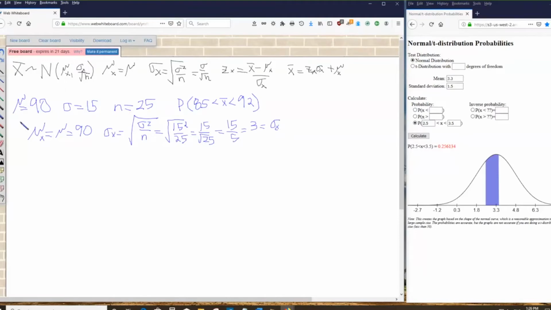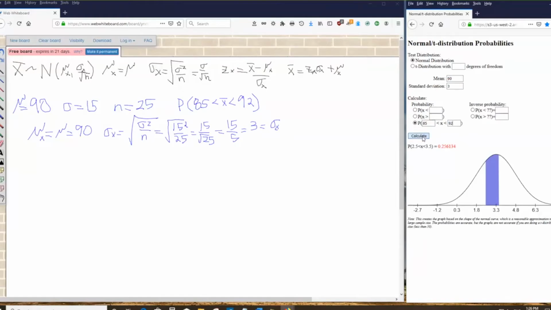So now I've got the mean, the standard deviation, and a probability that I want to solve. The next thing I'm going to do is go to my normal distribution calculator. I'm going to put in the mean of 90. Standard deviation is going to be 3. I want to find the probability that it's between 85 and 92.